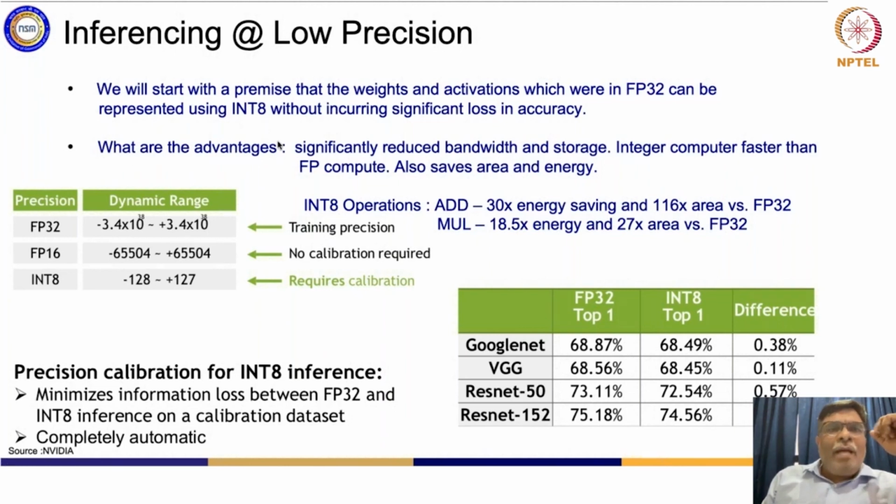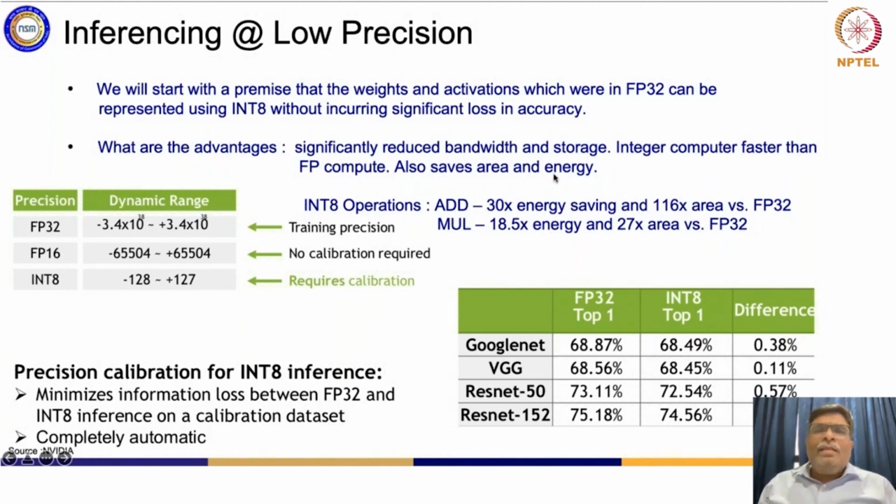When you do this, you can significantly reduce the bandwidth and the storage, and your integer compute, sorry, there's a typo here, is faster than the FP compute.